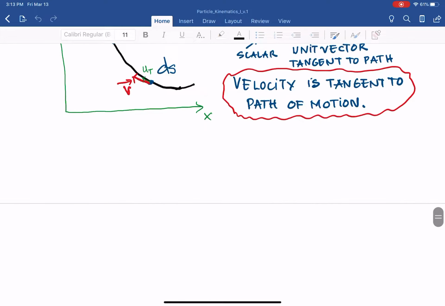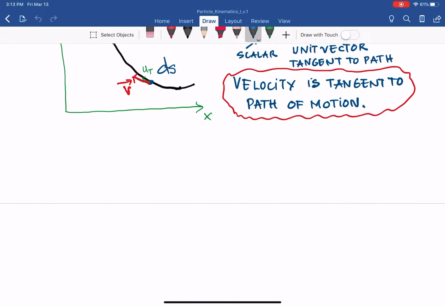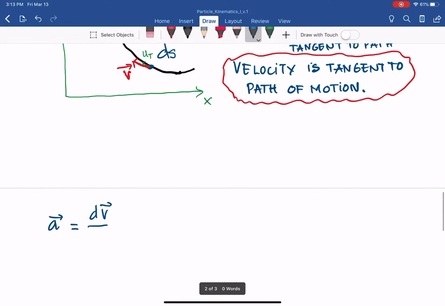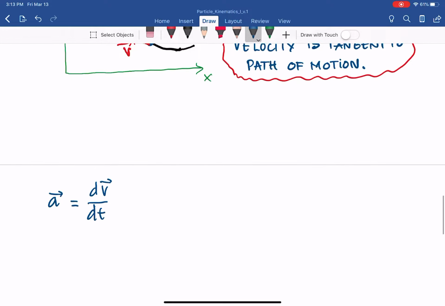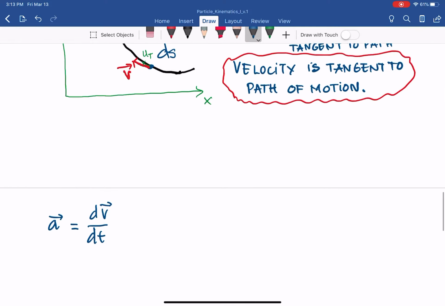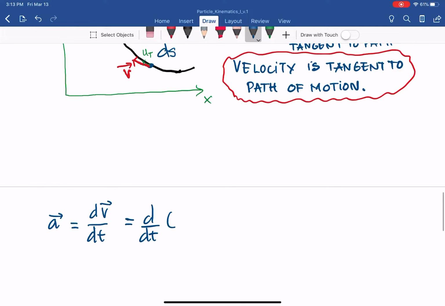As you can see, we take a derivative of velocity, so dv over dt, and here v equals v ut. ut is the unit vector along the path, tangent to the path, so we have d over dt of v, which is scalar, and then the unit vector ut.